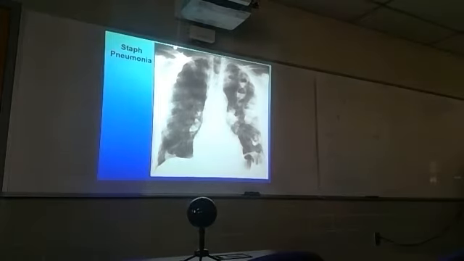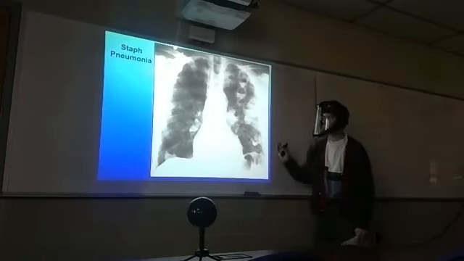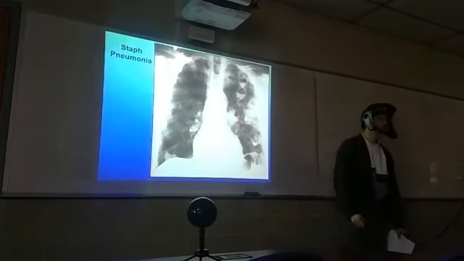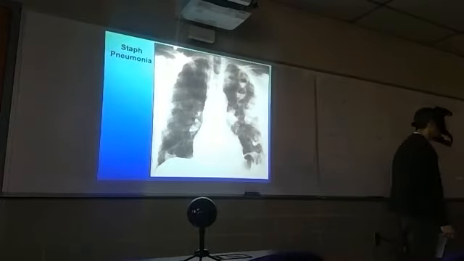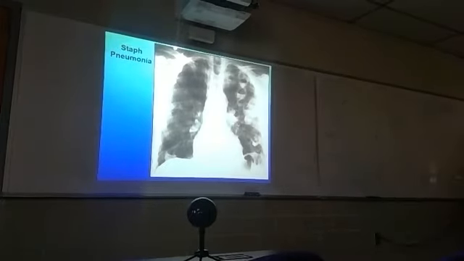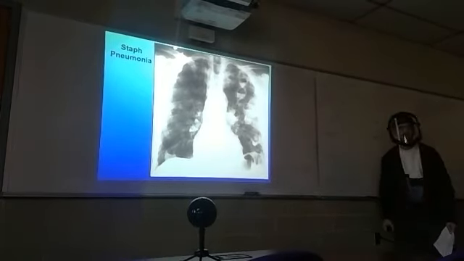Okay, let's talk a little bit about primary atypical pneumonias. We talked about a number of typical agents that can cause pneumonias. Pneumococcus, that's a typical bacteria. Staph aureus, that's a typical bacteria. Now we've got the atypical bacteria. Atypical bacteria would include chlamydia and mycoplasma.